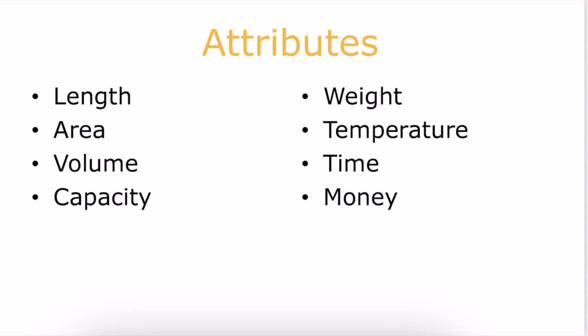Not all objects will have all of these attributes. A lizard doesn't really have a money attribute to it. So you won't always be able to measure all of the attributes, but many objects do have multiple attributes. Also keep in mind that an object doesn't have to be a physical object. It can also be a thought object, like a circle.